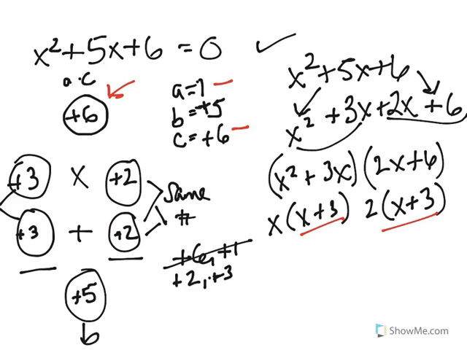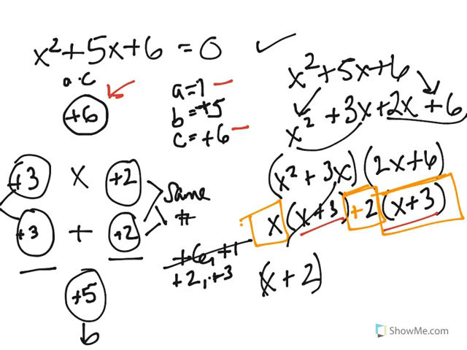And this is going to be one factor. And then this is going to be the other factor. So we're going to have x plus 2 and x plus 3.